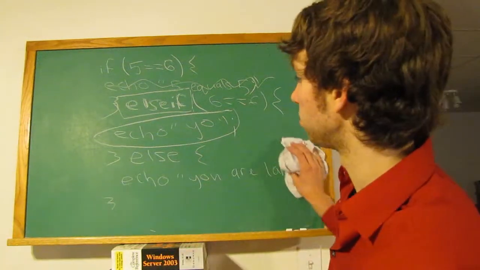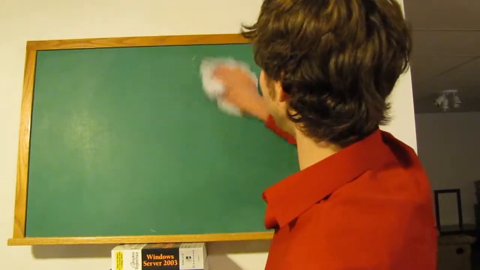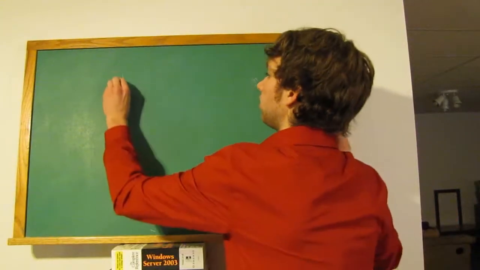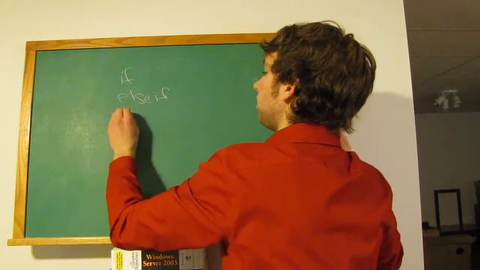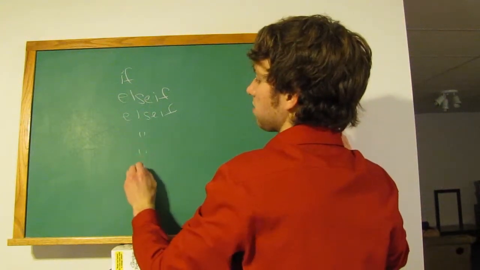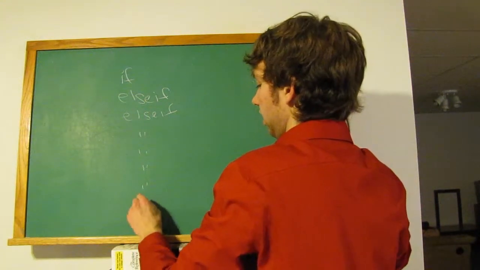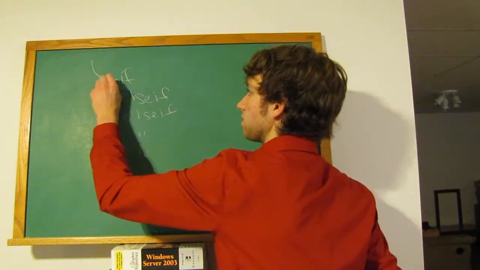You can have multiple else ifs. So basically the setup is going to be if, else if, and you can repeat that as many times as you want, and then else. The very first one that's going to be tested is this one.